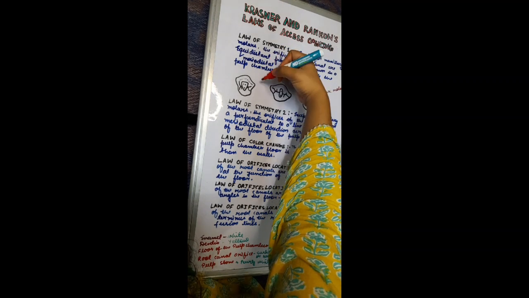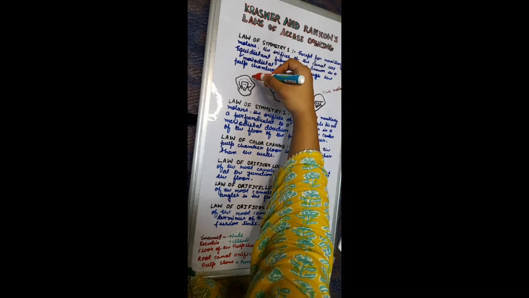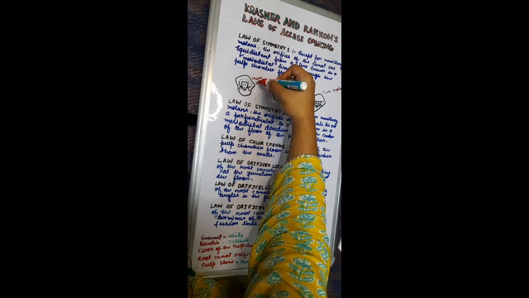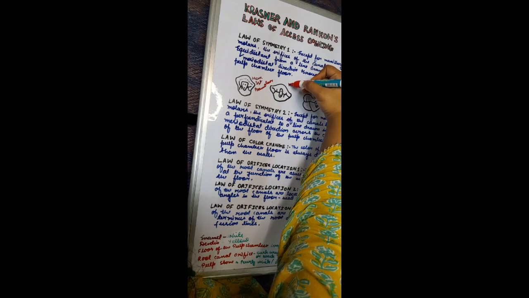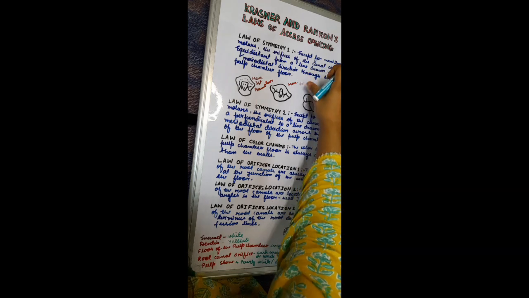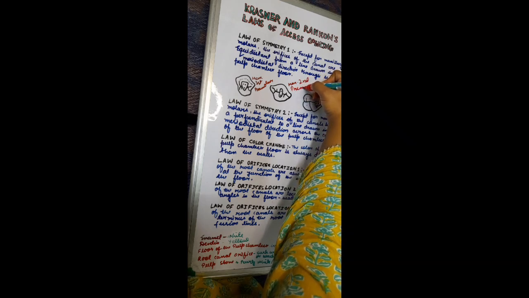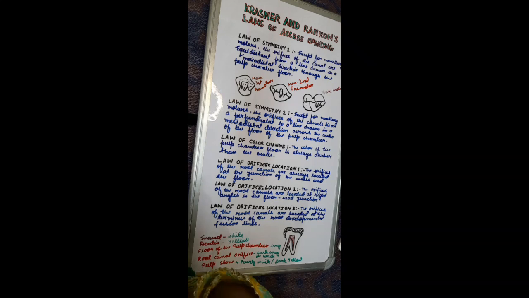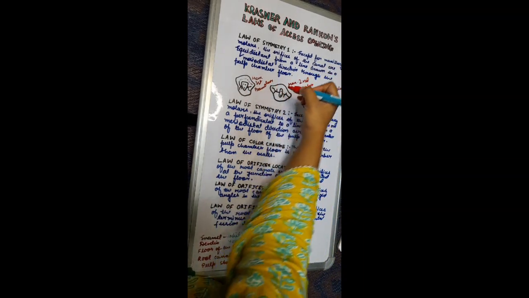This is maxillary first premolar, this is maxillary second premolar. Except for maxillary molars, which are an exception. The orifices of the canal, these are the orifices of the canal.